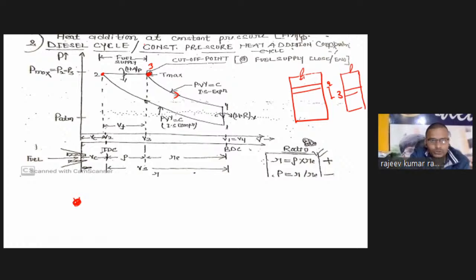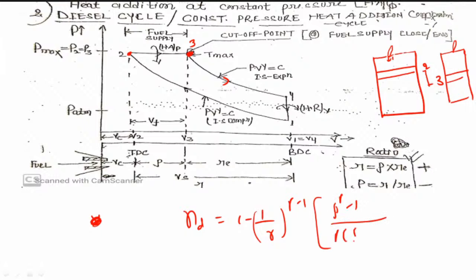Just need a full board, so I am disabling my video. So you can write here the efficiency of the diesel cycle, my dear friends. Efficiency of the diesel cycle will be 1 minus 1 upon r to the power gamma minus 1, and inside the bracket, rho to the power gamma minus 1 upon gamma into rho minus 1.